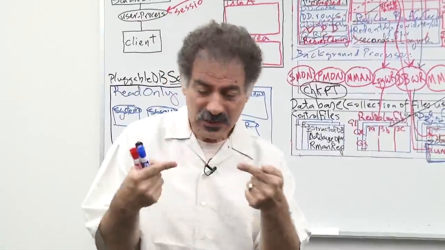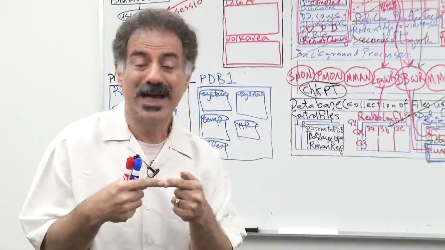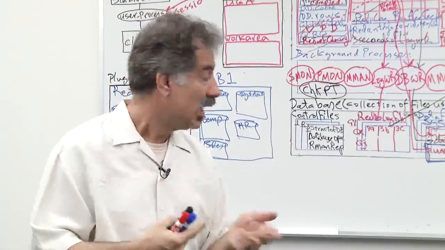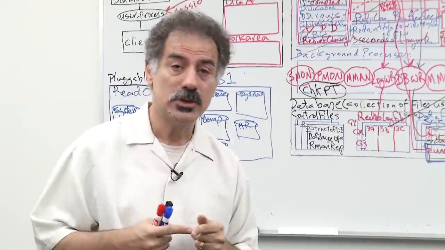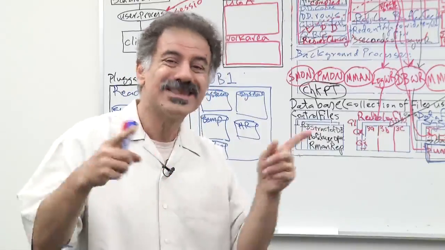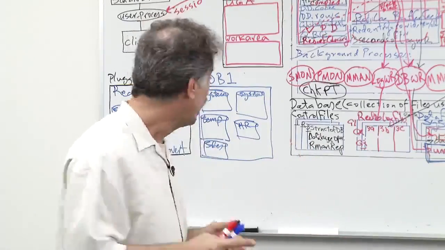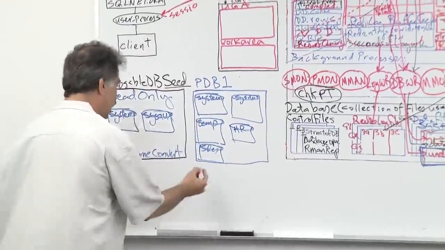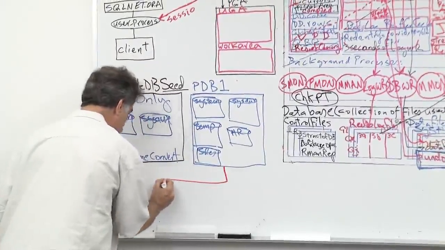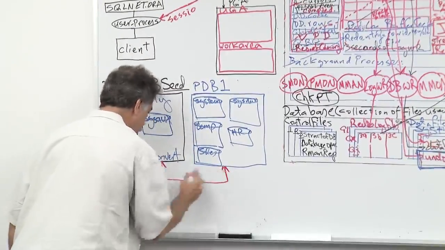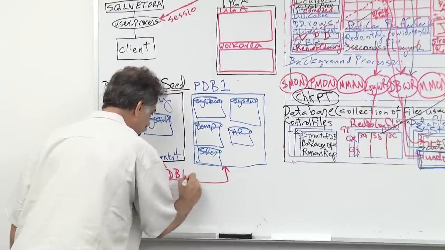If the two data sets are related to each other and used together a lot, even though they may be separate applications, you do not want to put them in separate PDBs, because PDBs can only communicate to each other using DB links.